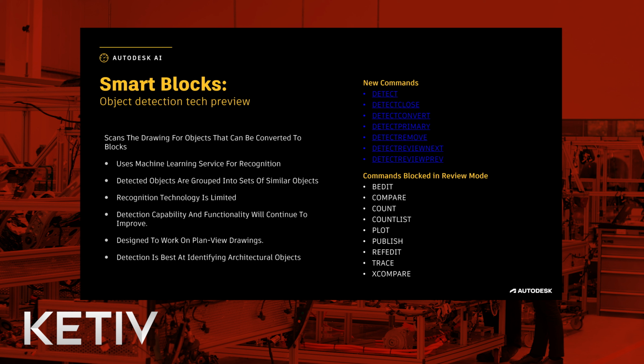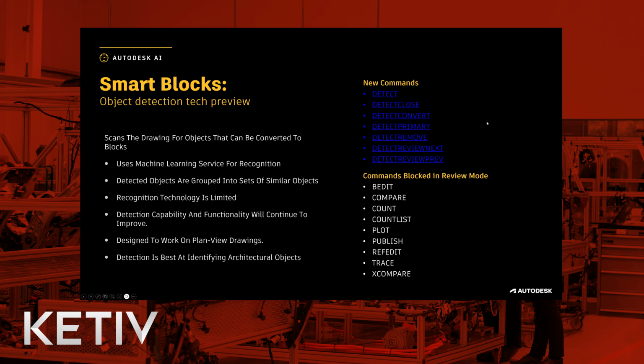That technology is limited, and this is important. This works best with architectural drawings, and it's only a limited number of different types of blocks that it will be able to detect, but it gets better with the machine learning. And this is also why it's a tech preview, because it's new functionality using machine learning, recognizing the different types of blocks.